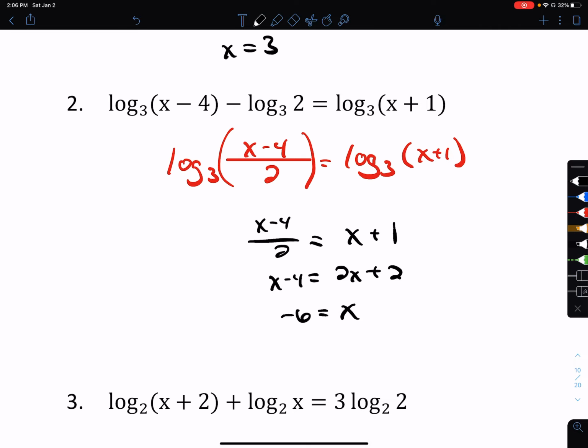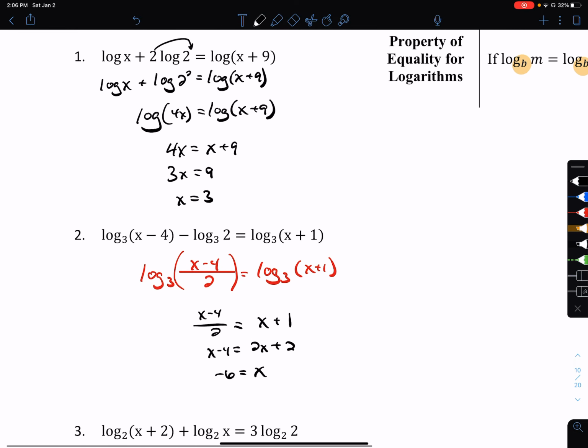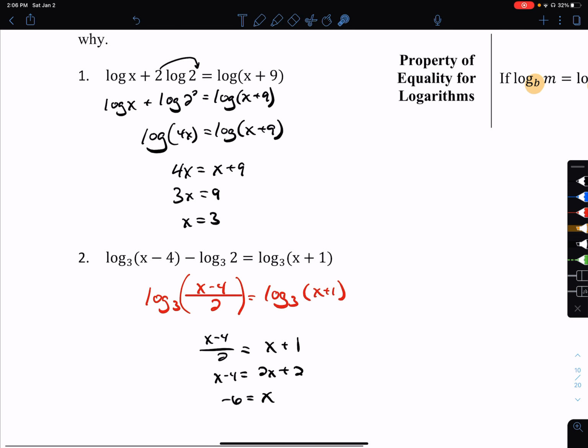Now, something I should have mentioned earlier, number 1, and I didn't. I apologize. Looking at number 1, looking at all of these, if your variable is your argument, which it is here, we had a rule at the beginning as part of the definition for logarithms that the argument has to be positive.